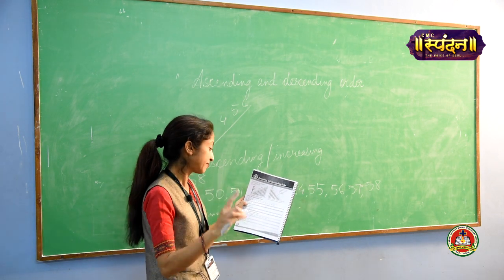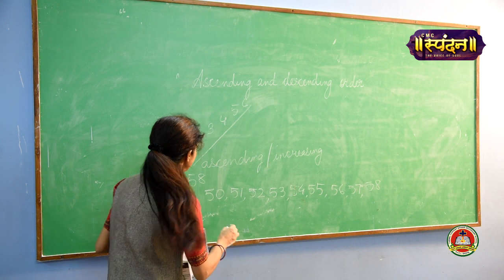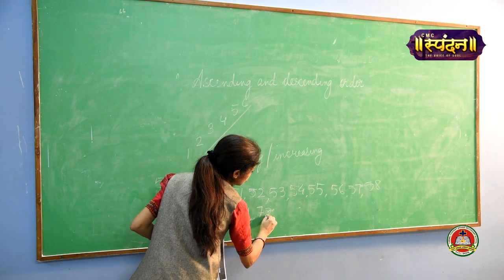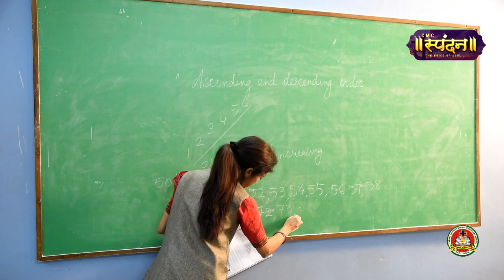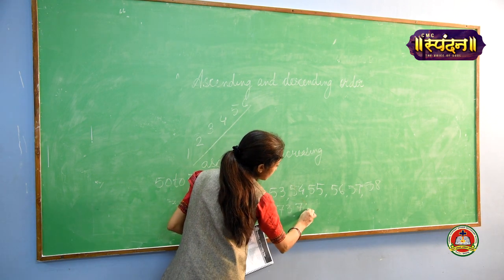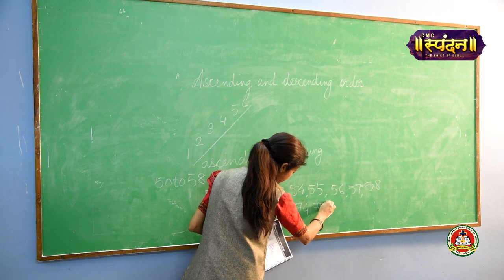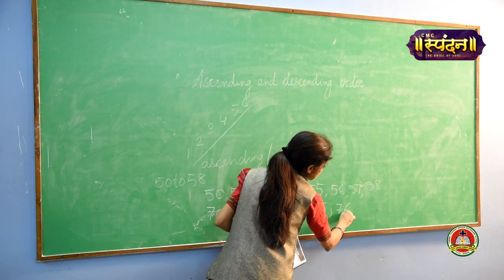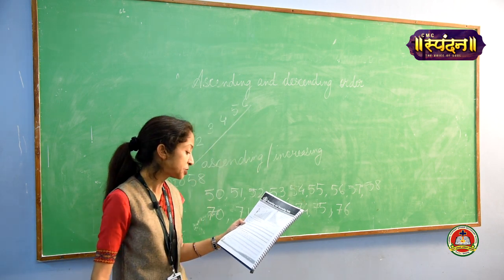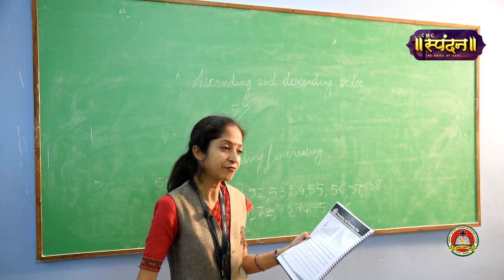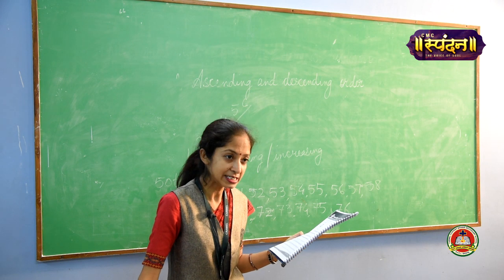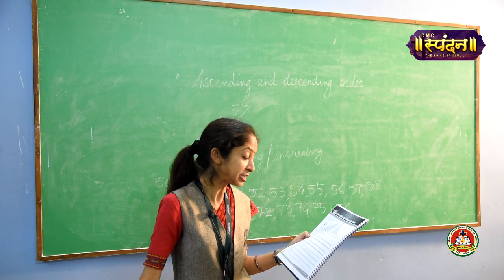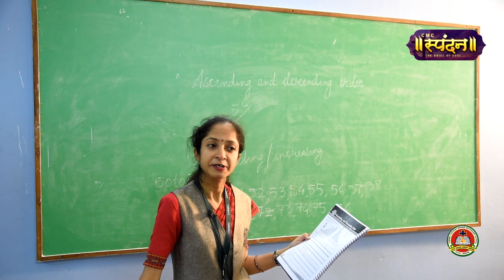We will write 70, 71, 72, 73, 74, 75 and 76. Okay. Next is 89 to 95, you will write 90, 91, 92, 93, 94 and 95.